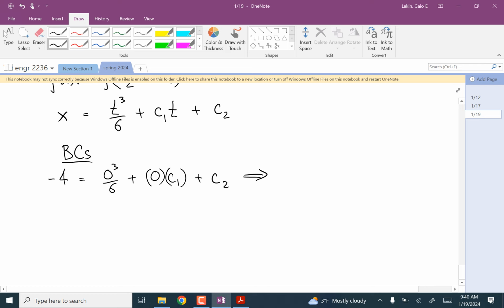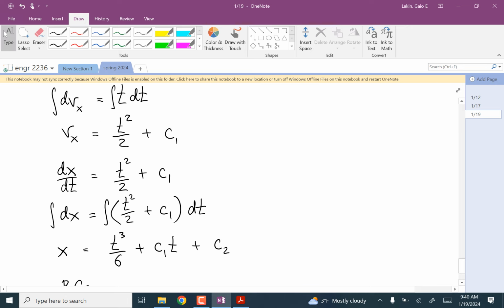And so this one tells us here that c2 is equal to -4. So now I'll update, and I get that x is equal to t cubed over 6 plus c1t minus 4.